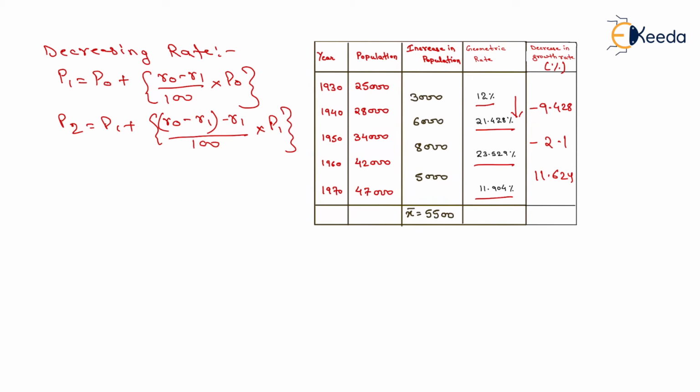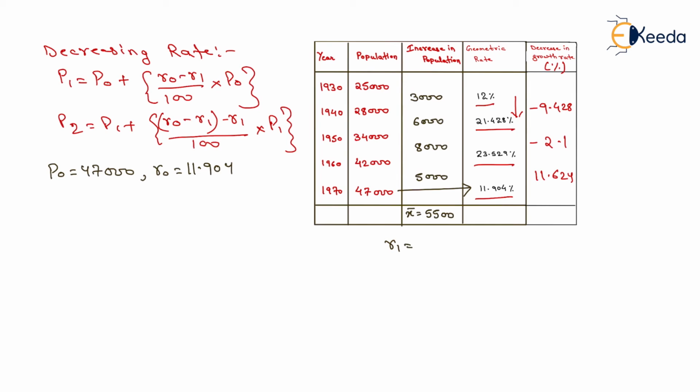Now, in the question, it is clearly given that P naught will be equal to the last known population, that is 47,000. Similarly, R naught will be the last known population geometric rate, which will be equal to 11.904. Now we need to calculate the R1 value.